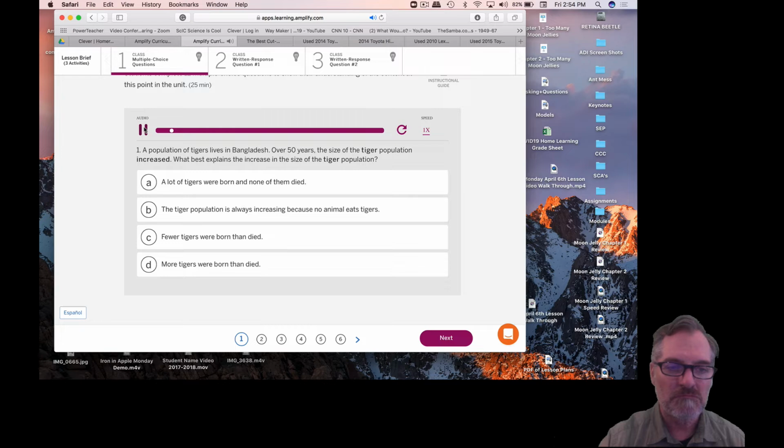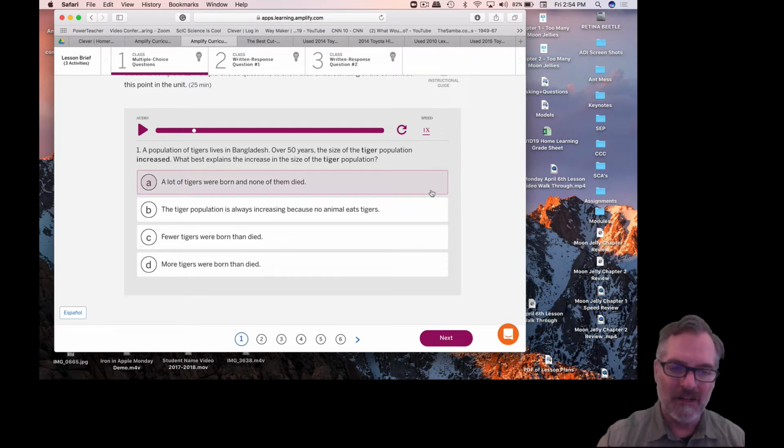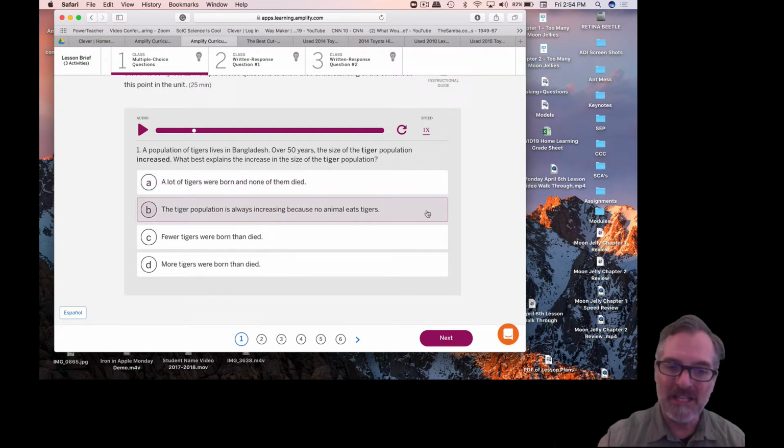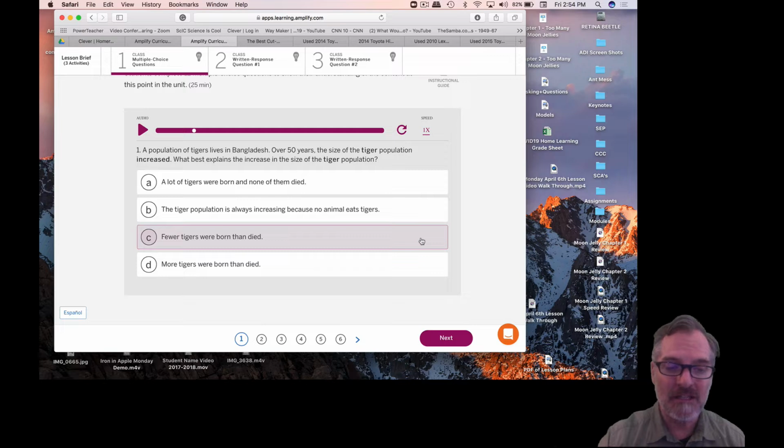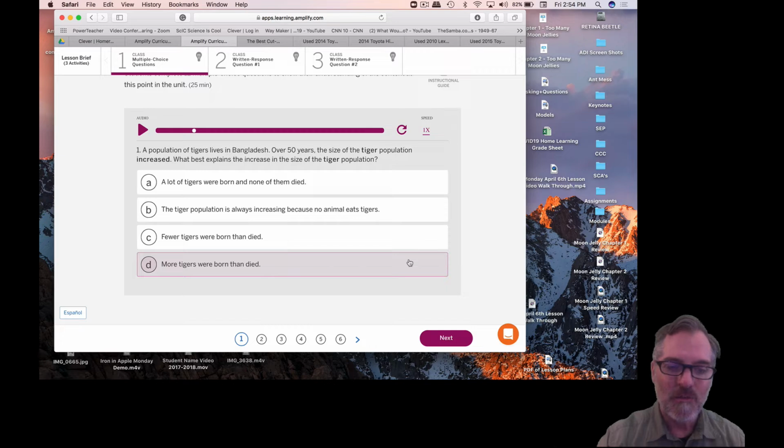A population of tigers lives in Bangladesh. Over 50 years, the size of the tiger population increased. What best explains the increase in the size of the tiger population? It's either A, a lot of tigers were born and none of them died, or B, the tiger population is always increasing because no animals eat tigers, C, fewer tigers were born than died, or D, more tigers were born than died.